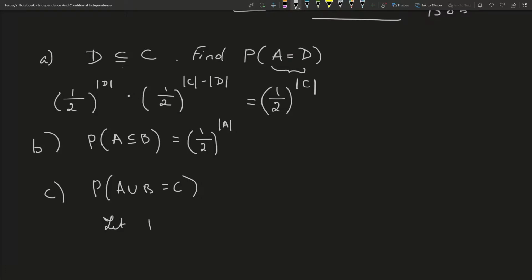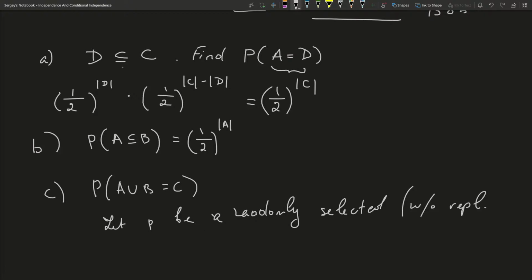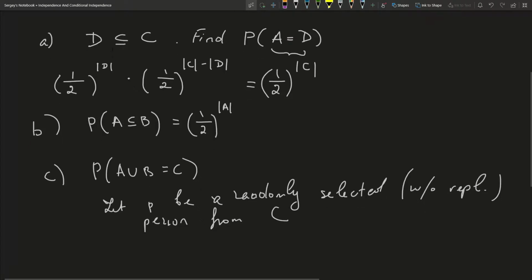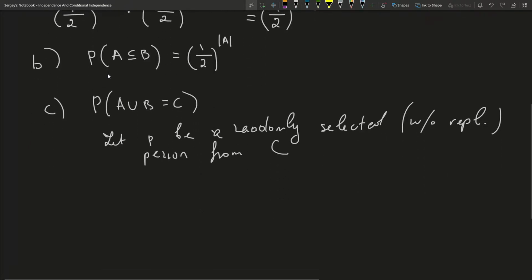Let P be a randomly selected person, without replacement. We're randomly selecting a person from our set C. So from these 100 people, we randomly select a person, and we'd like to know what is the probability that this person is either friends with Alice or friends with Bob.